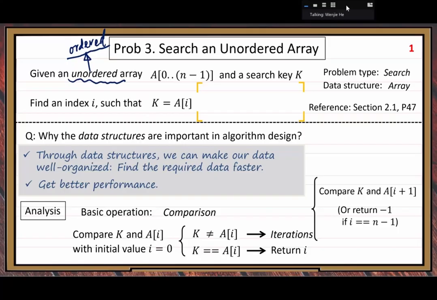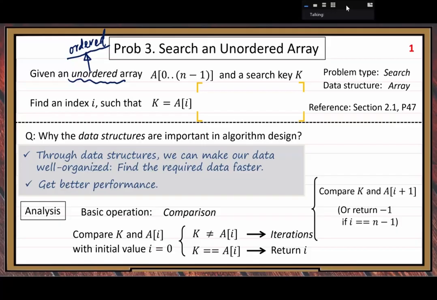If it can be found, you return the index value, i, a valid index number, so people know where to find it. But if there is no match in the given array, you need to send some signal, some information.